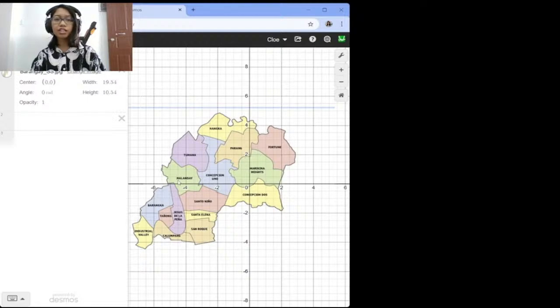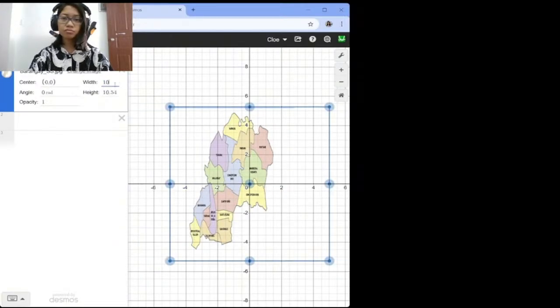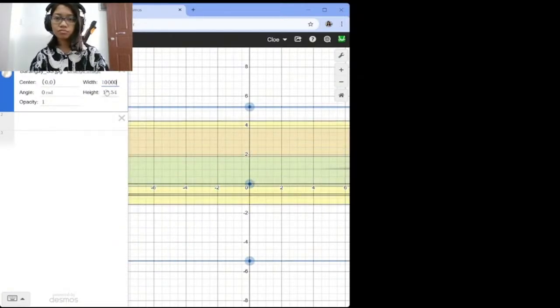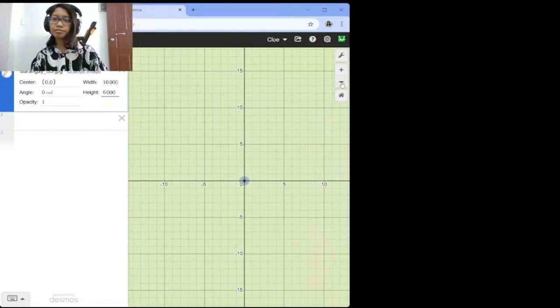Adding another 3,000 meters to the east, giving us a total width of 6,000 meters. With these estimates, let's now update the height and width values in the image box. Then click zoom out on the top right.